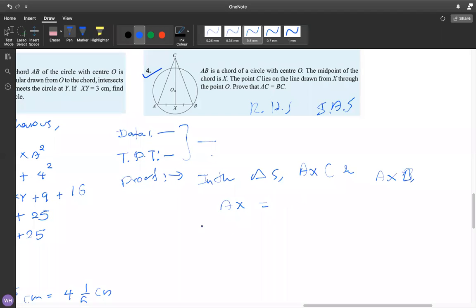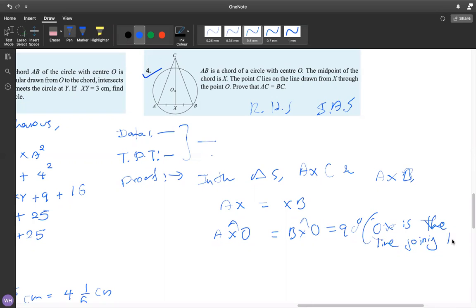AX will be equal to XB, and the angle AXC equals BXC, and it is equal to 90 degrees for the particular reason: OX is the line joining the midpoint of AB, which is 90.